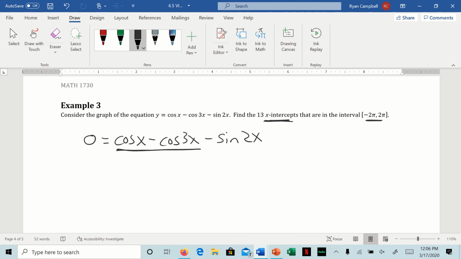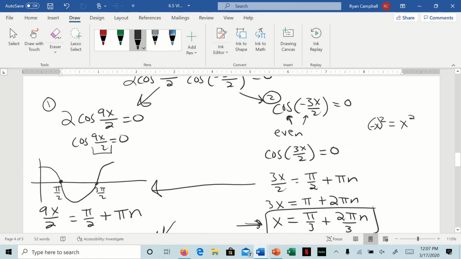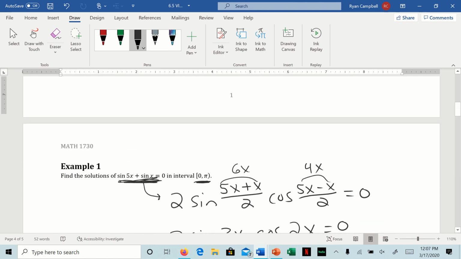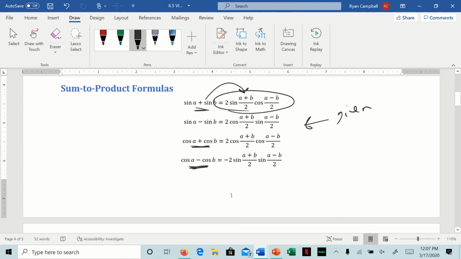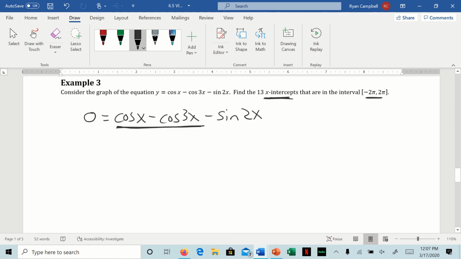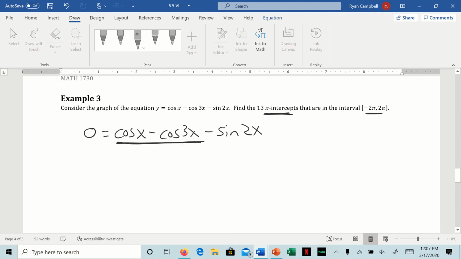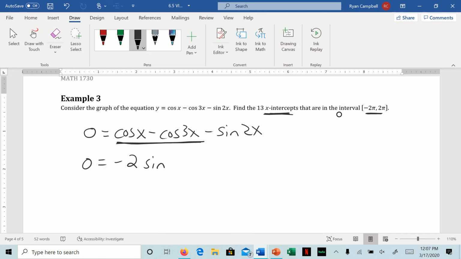So if we look at this one, let's just look at the first one. We could probably look at any of them, but the first one's going to be the easiest. So do we have an equation when you have two cosines subtracted? And actually, we absolutely do. So we can see that we get negative 2 sine.